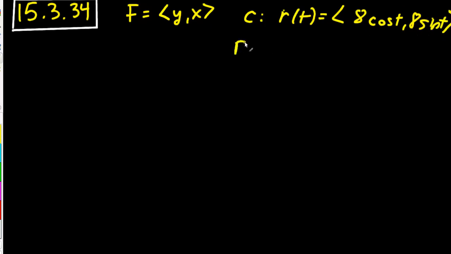Now with this parameterization, the velocity is the vector negative 8 sine t, 8 cosine t.